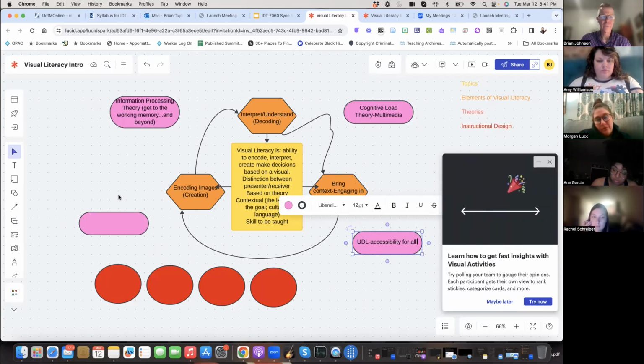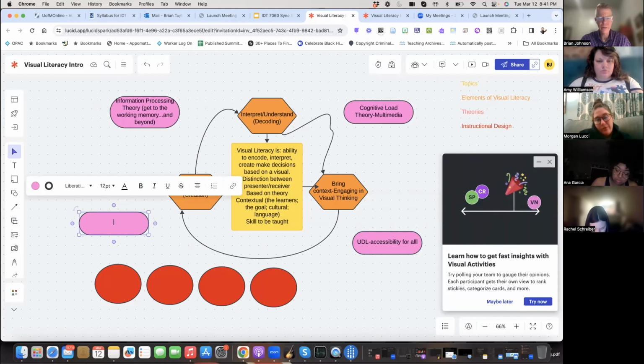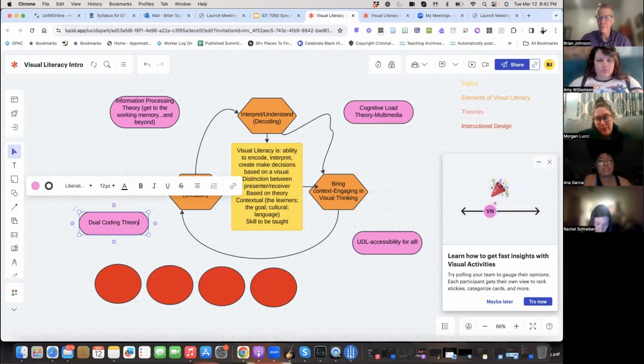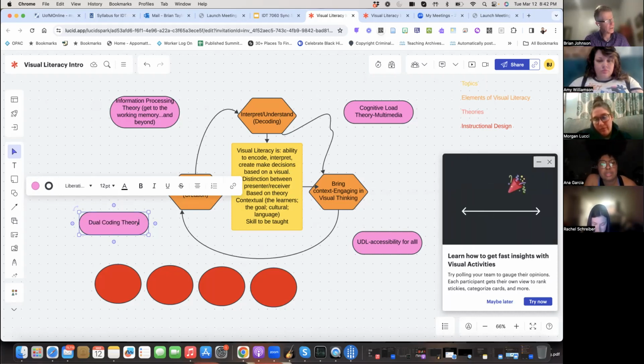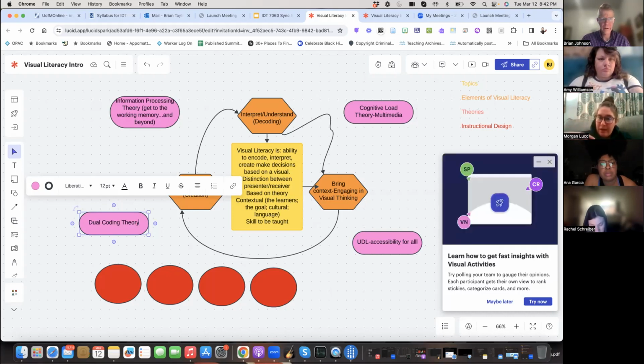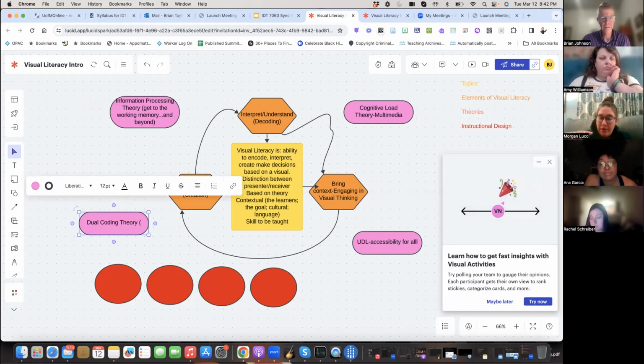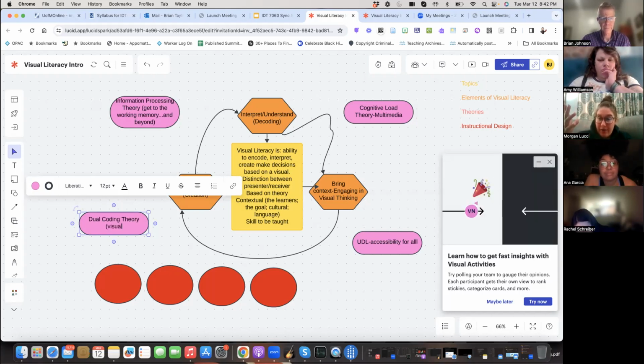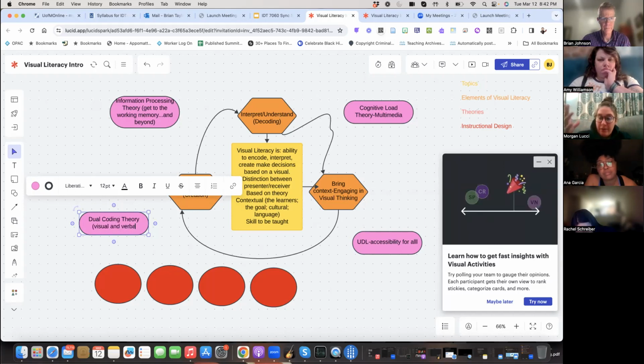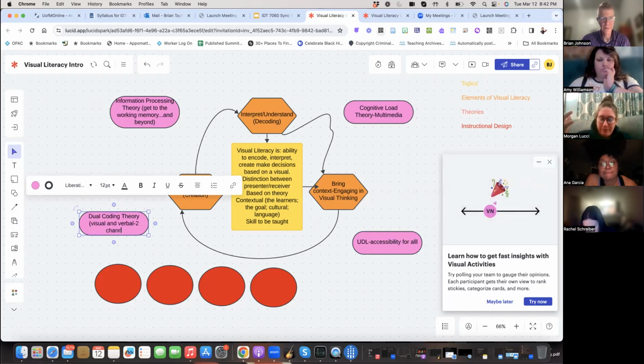There's one other one I thought we might add here. What about dual coding theory? Where does that fit into what we have here? We have visual input and we have verbal input. Visual input, of course, we might have images. Verbal, we're talking maybe auditory information.